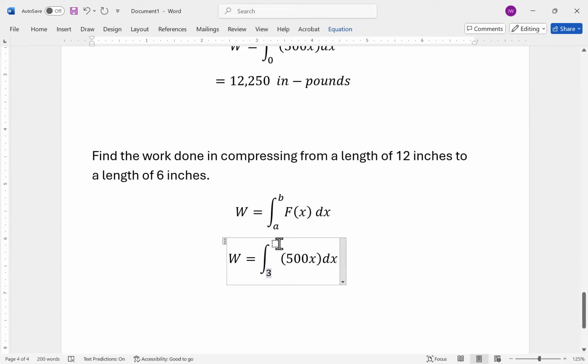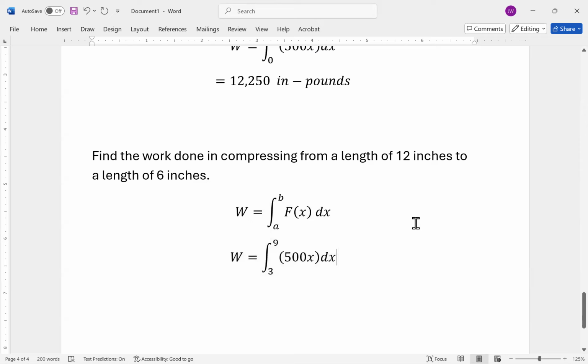A length of 6 means we've gone a compression of 9, because again, how much you compress is just the length of the spring, which is 15 minus the current length. So the original length of the spring, 15, minus current length. If we're at a length of 6, I just do 15 minus 6. That's a compression of 9.